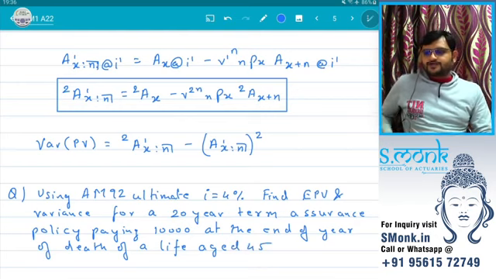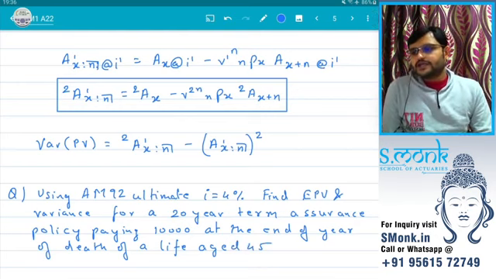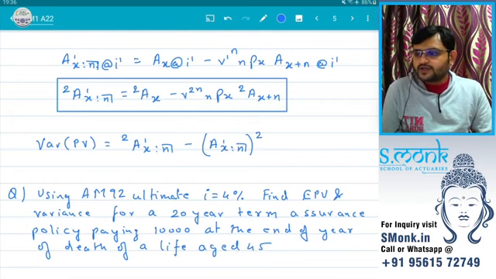We're saying find expected present value and variance for a 20-year term assurance policy paying 10,000 at the end of the year of death of life aged 45.